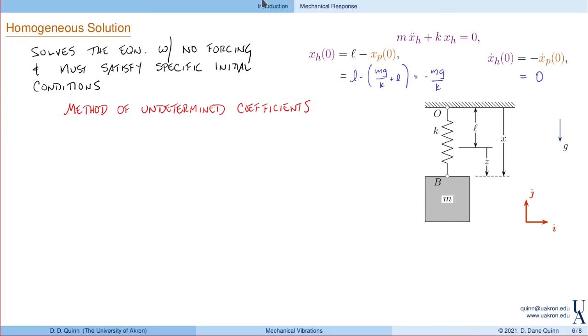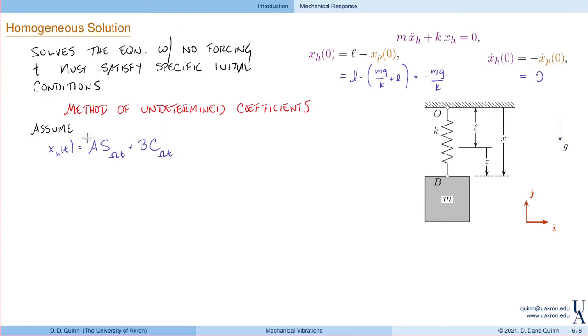So we're going to assume a solution of the form xh, again this is the homogeneous solution, is harmonic, right? So there's an unknown amplitude A and an unknown frequency, and then a cosine piece as well.